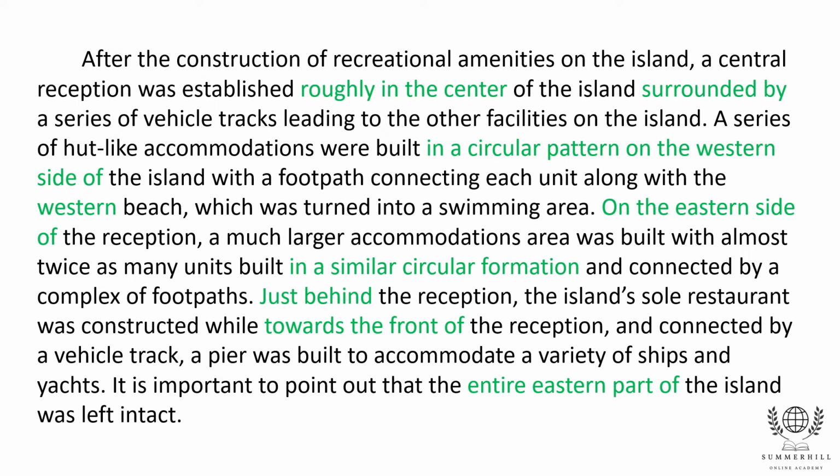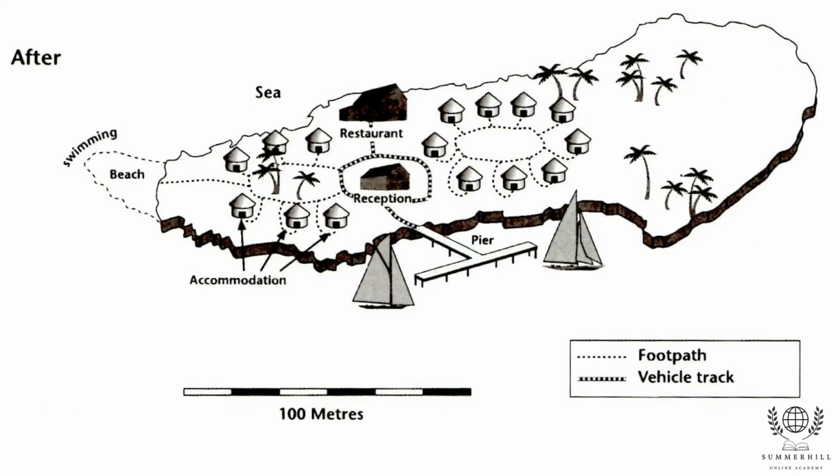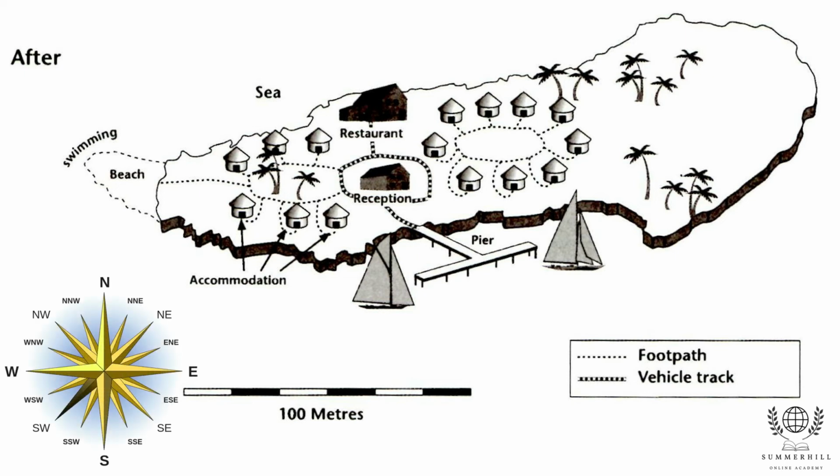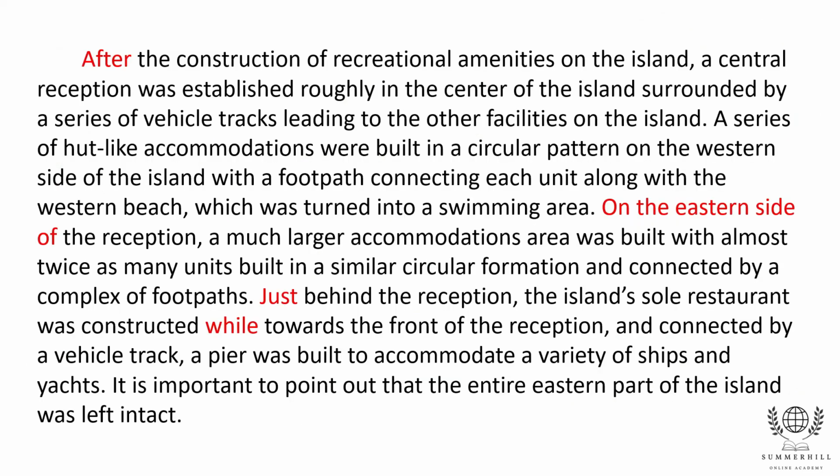So phrases such as on the eastern side or on the western side or along the western beach, or in a circular position, okay, or just behind or in the middle, right? So in order to describe all of these different features, right? And again, these position markers are going to be essential for maps in order to describe them effectively.